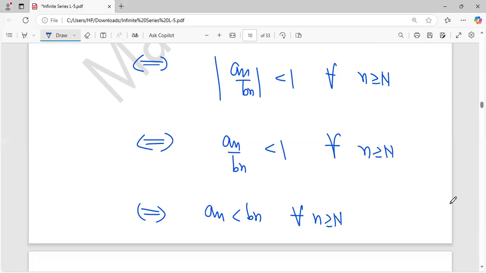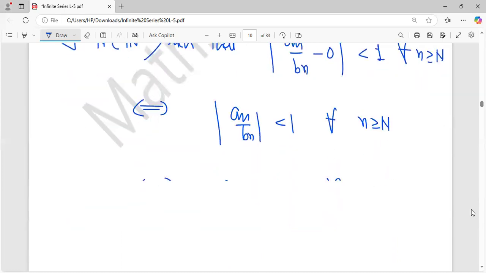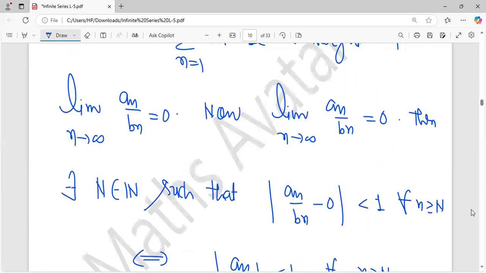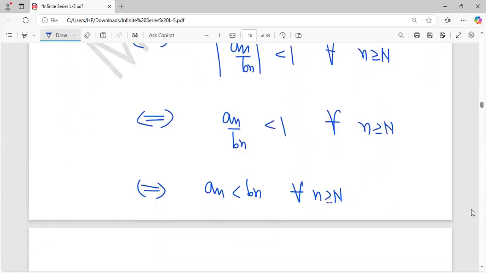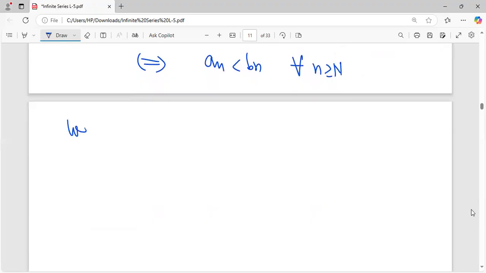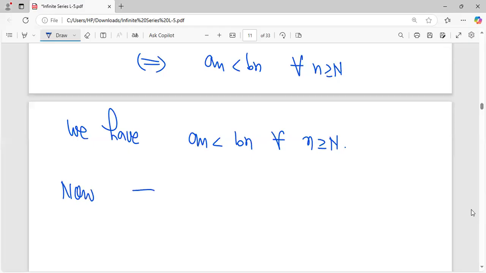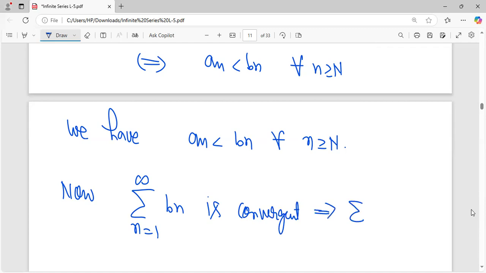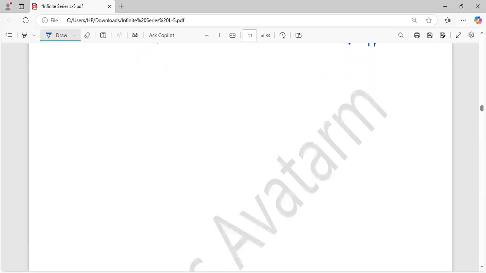So this implies we have An less than Bn for all n greater than N. Now this series Bn is convergent, which implies that, skipping a finite number of terms, the series Bn is also convergent.